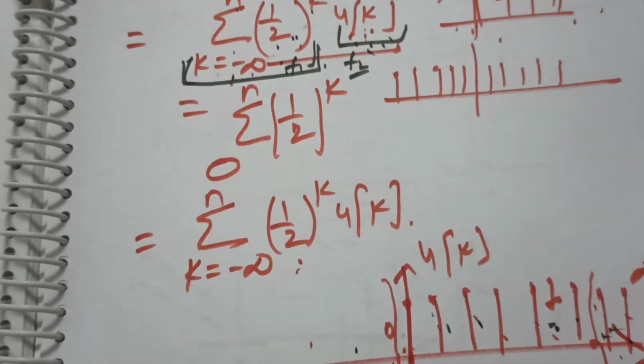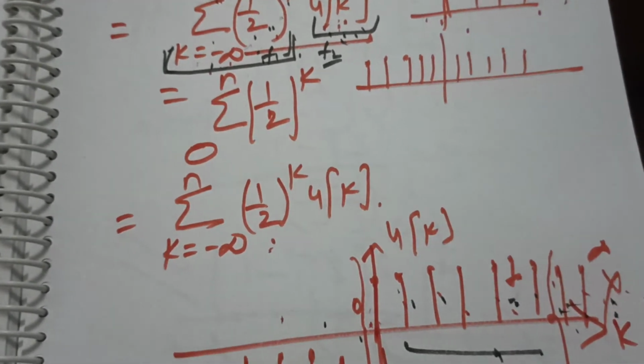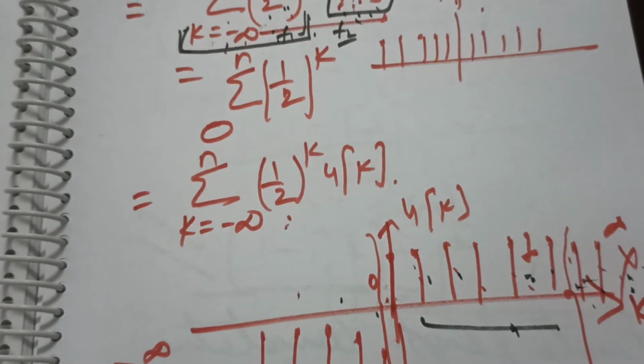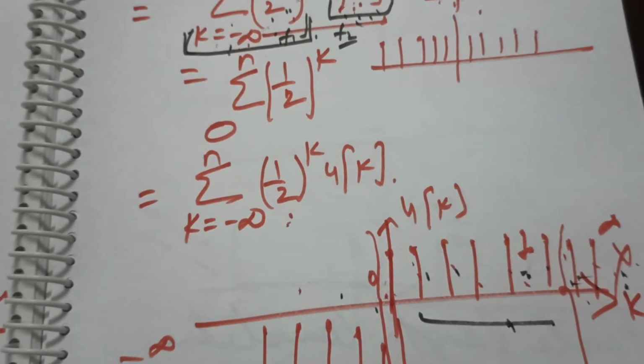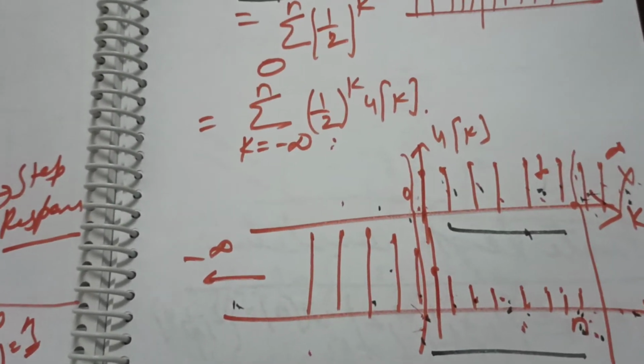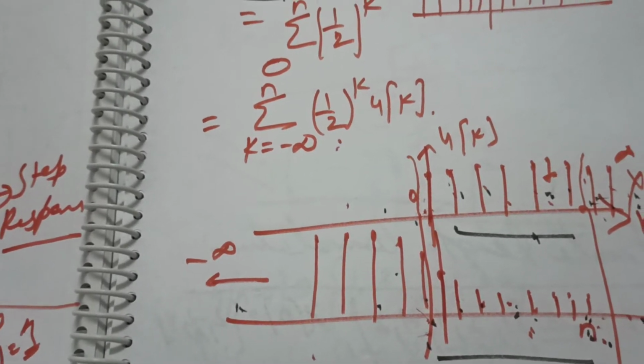So it becomes the summation for k equals 0 to n of (1/2)^k. Now it is very simple to evaluate. Simply put the values of k from 0 to n and I will get the answer. This is not at all difficult to solve.